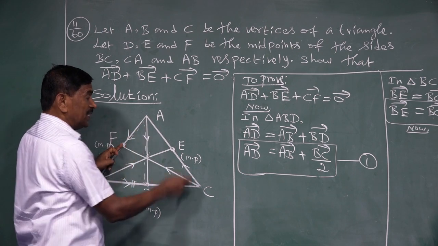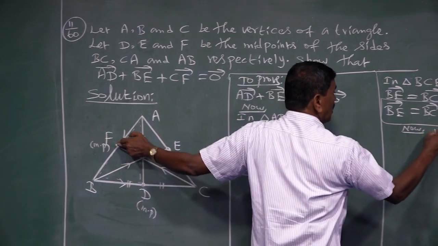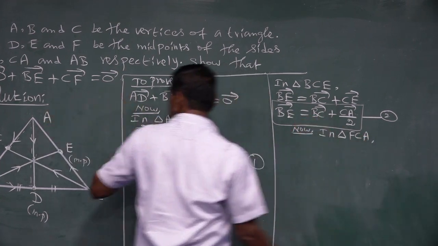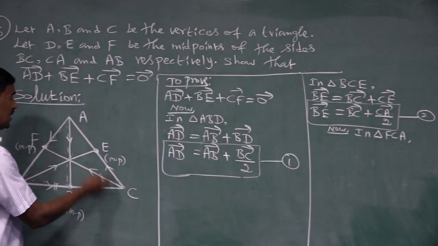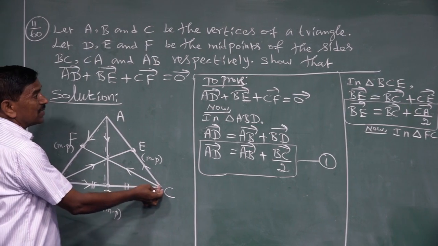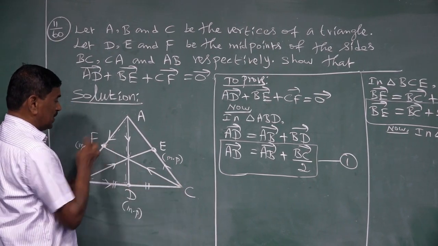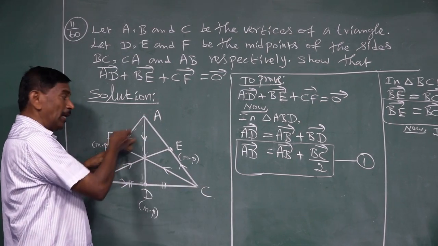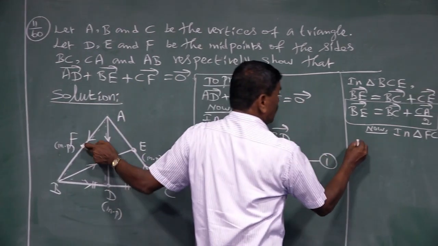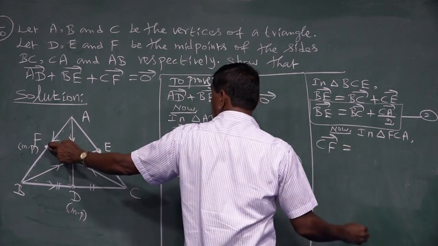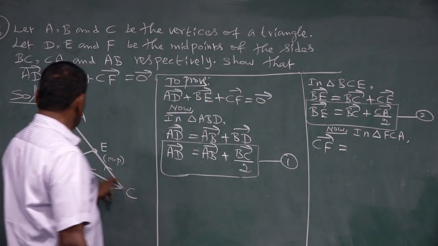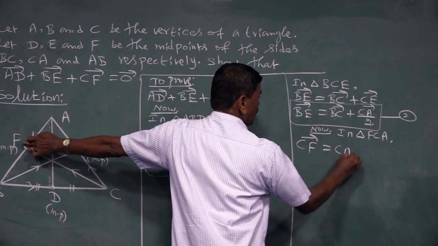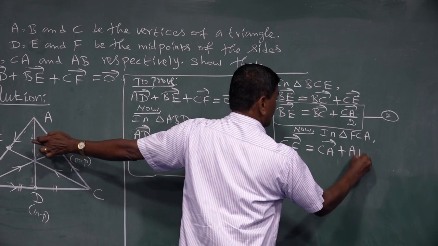In triangle FCA, we need CF vector. Next root is C to A plus A to F. So, CF vector is equal to CA vector plus AF vector.